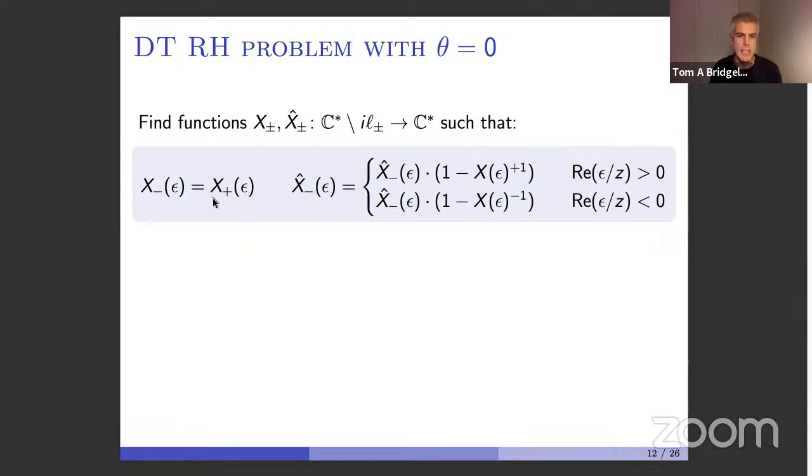So the X guy doesn't jump at all, and the X hat guy jumps by the X. Okay, and these are these two regions to the right and to the left of that picture where the two domains overlap. So this is the jump across one of the rays, and this is the jump across the other one.